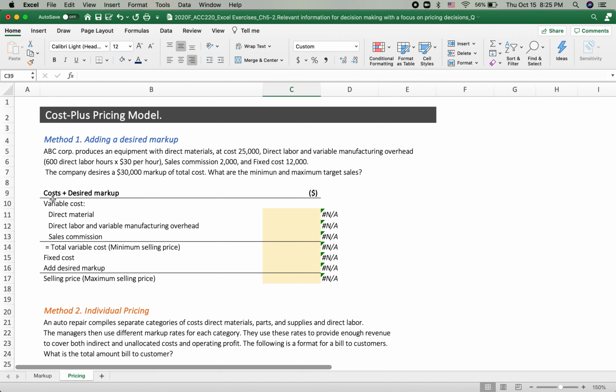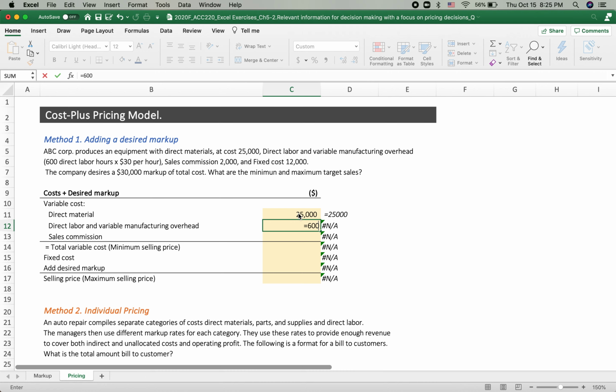We have all the cost information along with this question. Direct material is just the given $25,000. For direct labor and variable manufacturing overhead, we use the cost per unit times the number of hours, so 600 direct labor hours times $30 per hour.